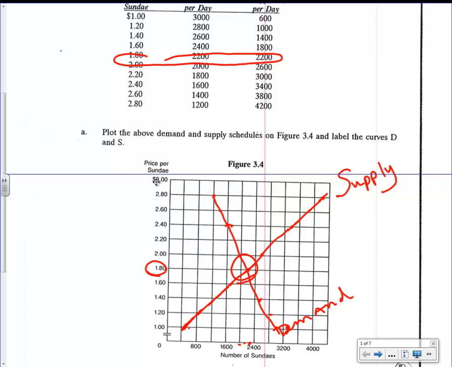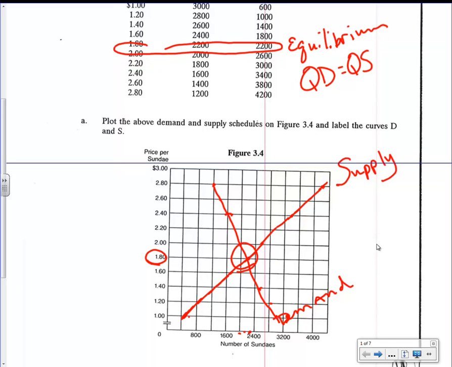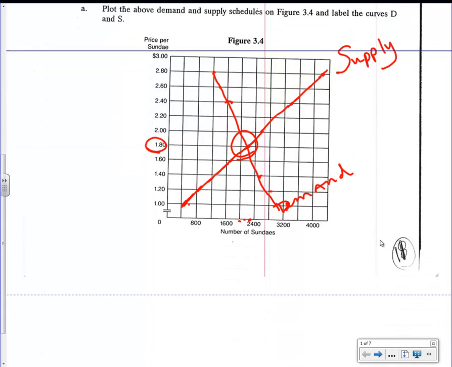We are in equilibrium where quantity demanded equals quantity supplied. Equilibrium price is $1.80, and 2,200 is our equilibrium quantity.